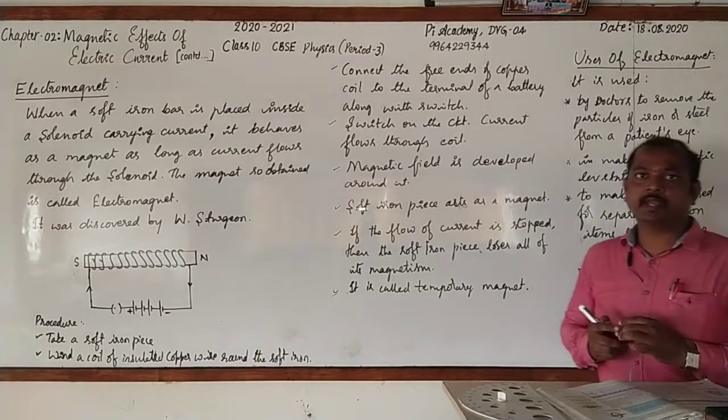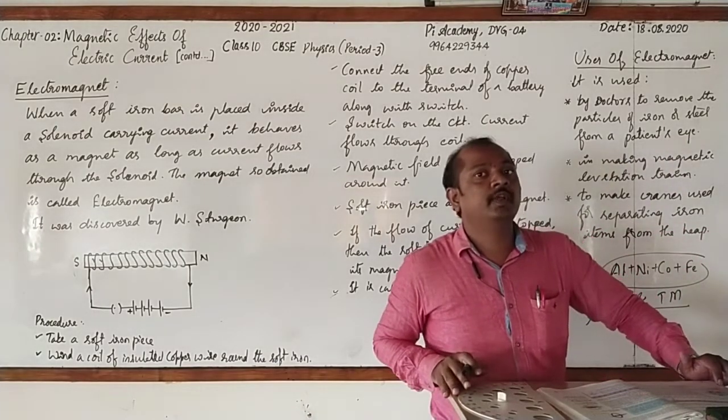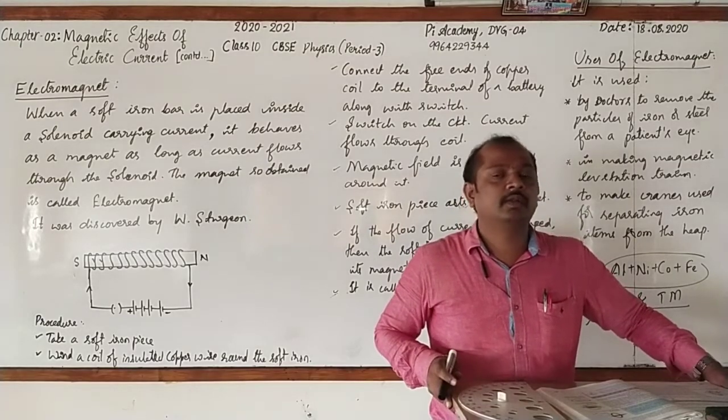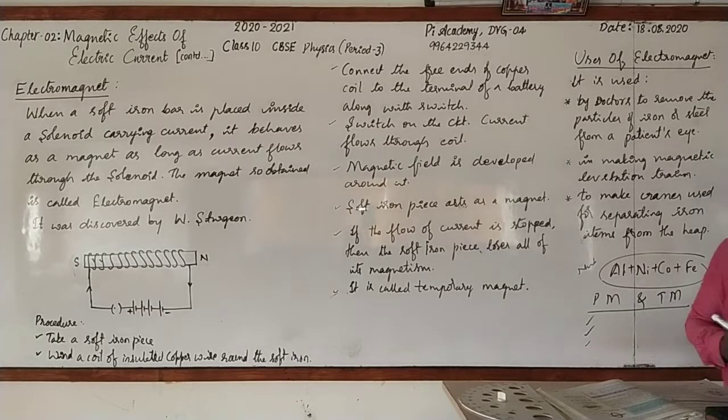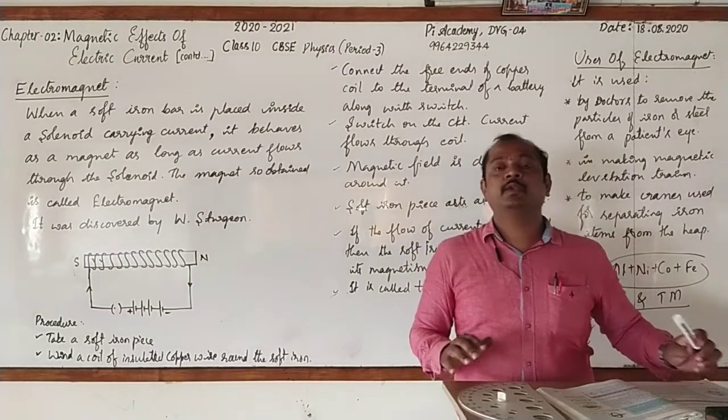In case of permanent magnet, the field strength is less in comparison with temporary magnet, because the temporary magnet's field strength depends on the amount of current that flows. If the flow of current increases, field strength also increases. The strength of the permanent magnet is fixed, whereas for the temporary magnet it is not fixed, it varies.